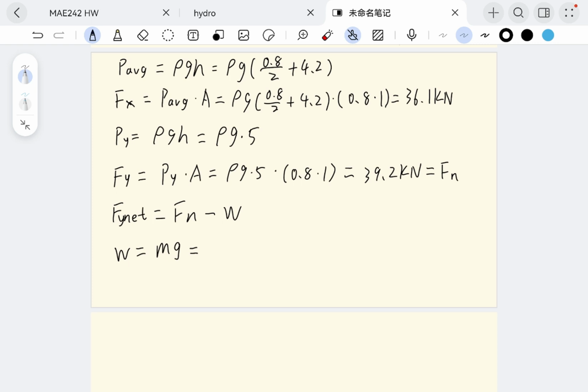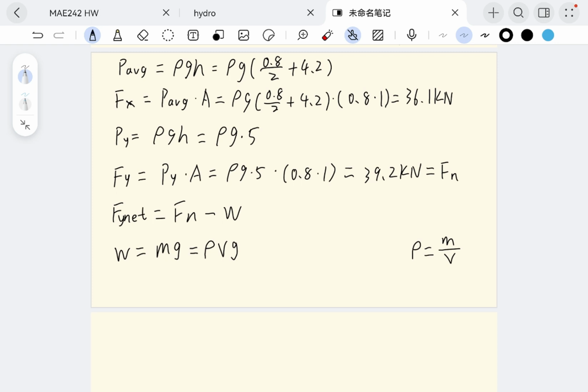We know that the density is equal to mass divided by volume. Can we use that? Oh yeah, we know the density of the water, and if we know the volume of the water, times that by G, we'll be able to find the mass of the water, the weight of the water.